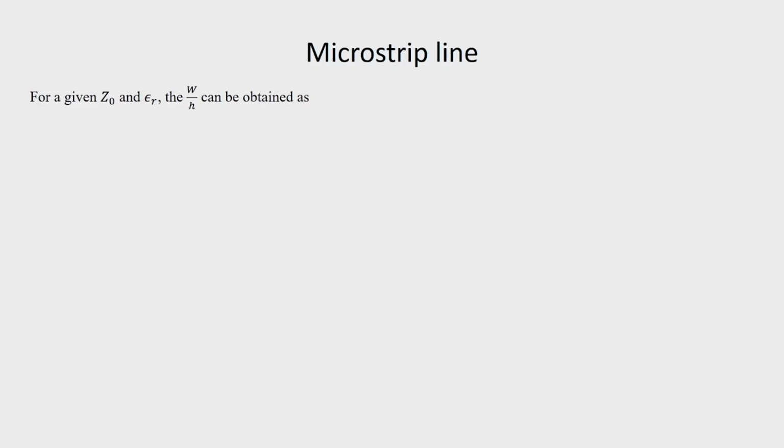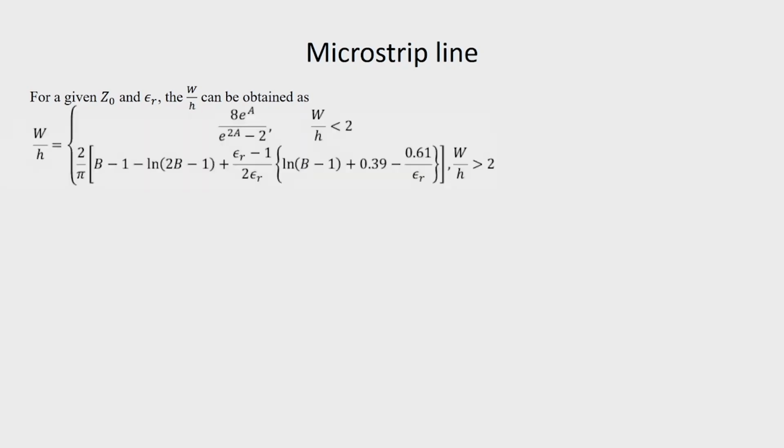Suppose I have been specified the epsilon r, in this case we need to calculate w by h, and for this synthesis of the transmission line, W by H can be calculated once again based on whether the line is very narrow or a wide line.